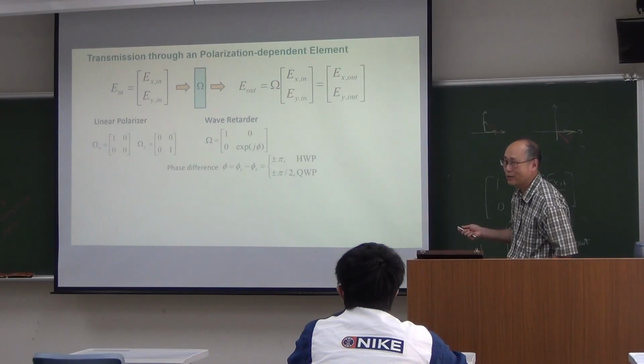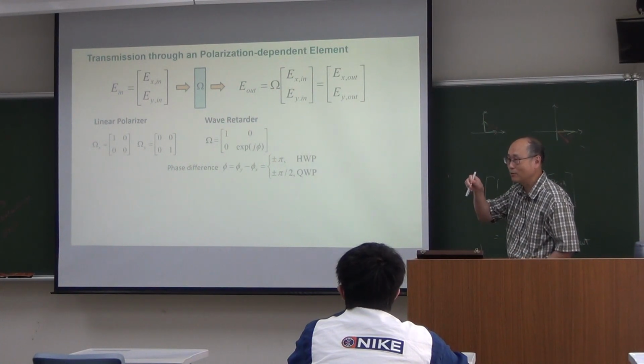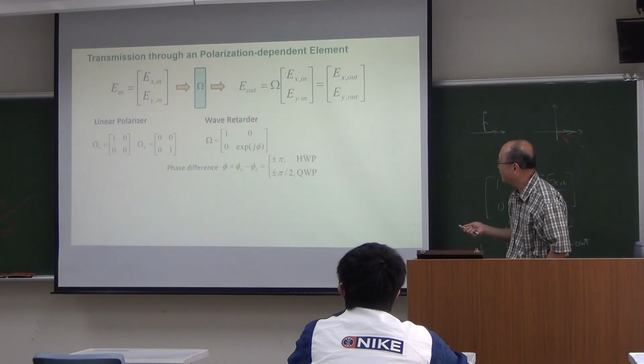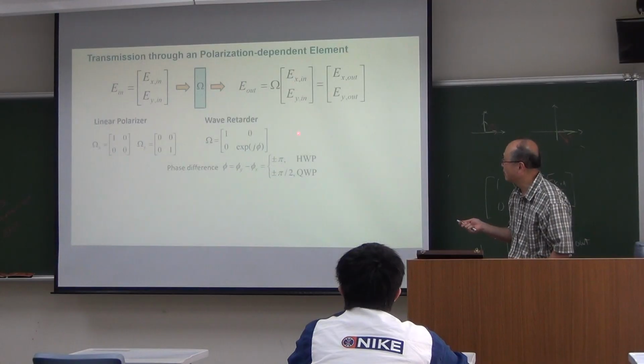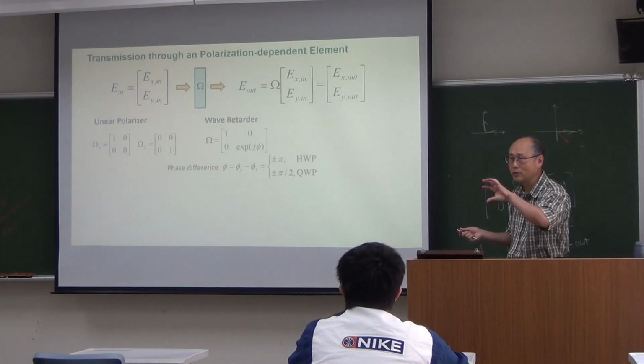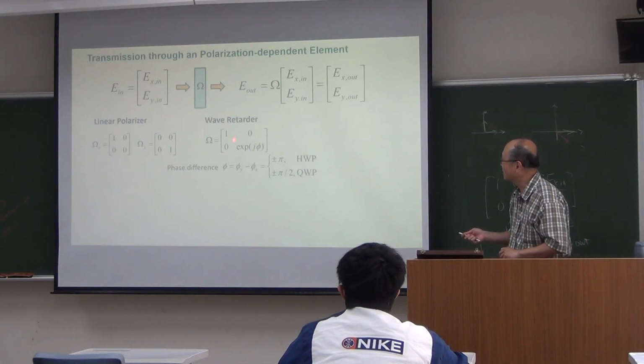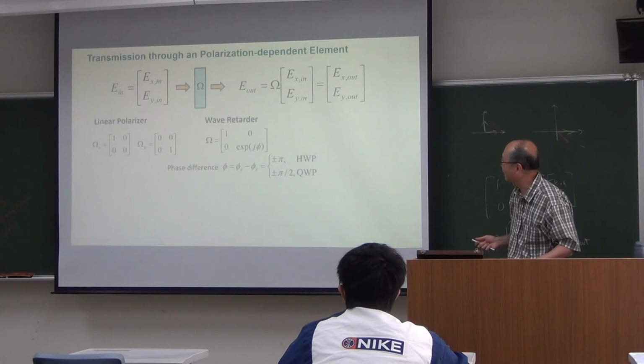So if you have linearly polarized light going into this wave retarder, you can do polarization rotation. And if you have circularly polarized light as the input to this wave retarder, with this 180 degree phase difference, then you can change the sense of rotation of the light. This is what we just discussed a while ago.